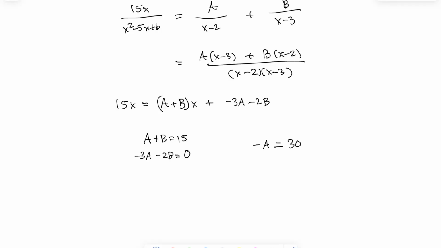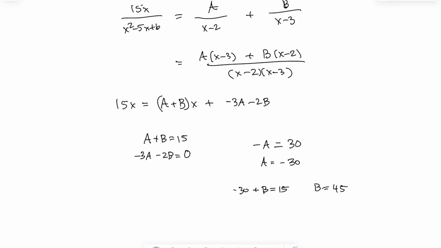The b's cancel. So a is negative 30, and then a plus b is 15. So that means negative 30 plus b equals 15. B is 45. All right.